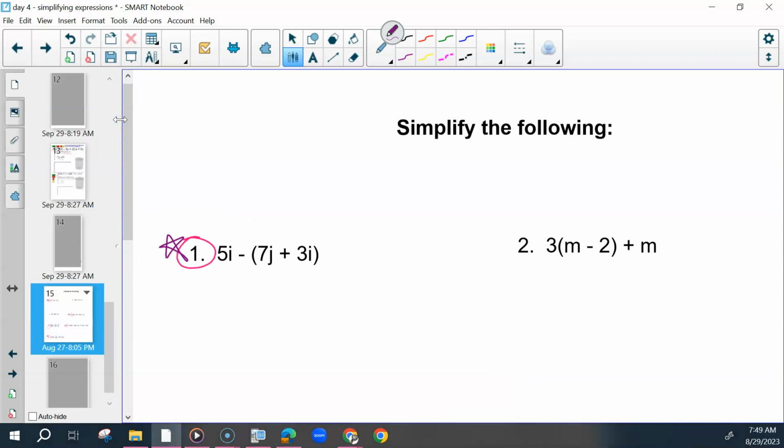And I'm glad you picked this one, because you need to figure out what you're distributing first. What are you distributing? Negative. There's like a 1 here. It's invisible. But that's what you're distributing, not the 5i. So it means your sign is going to change for everything on the inside.